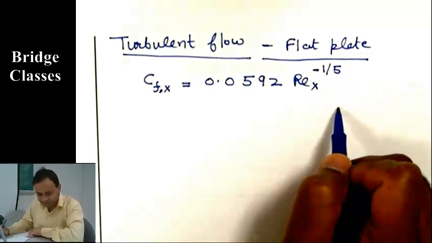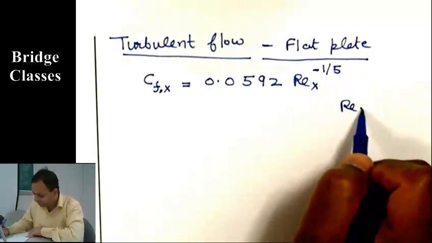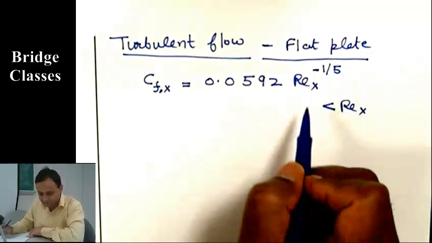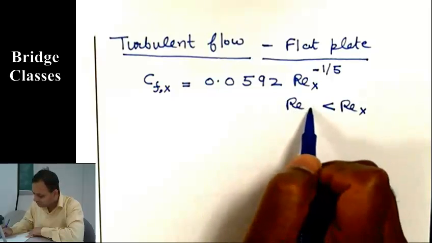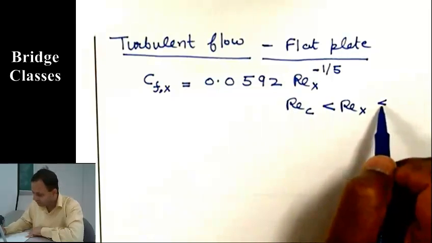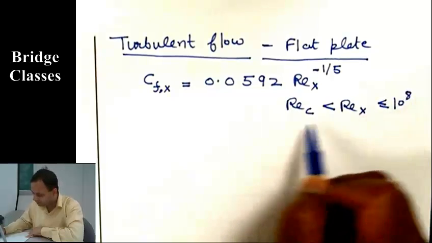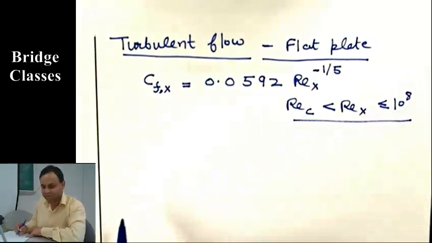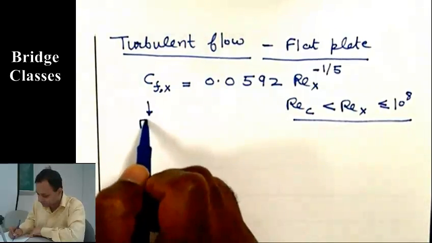This correlation is valid for Reynolds number greater than the critical Reynolds number, so that the flow is turbulent, and less than 10 to the 8. So this is an experimental correlation.